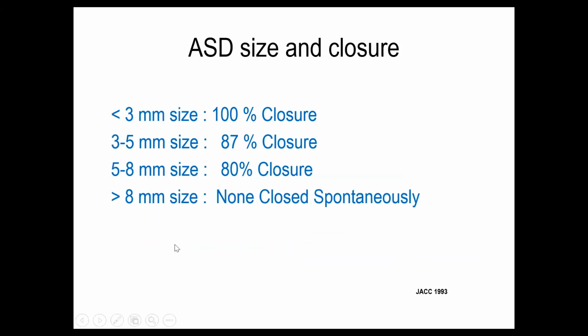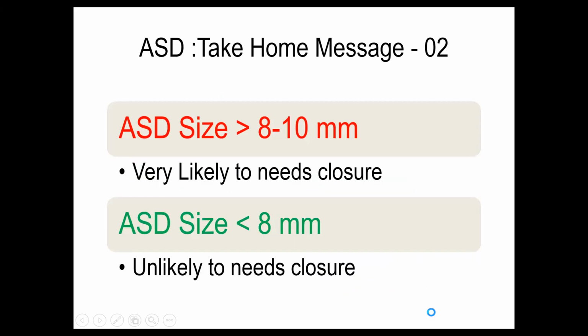Like this is what another study of 1993 showed. So they need closure by device. If it's a primum ASD or SVC or IVC type of ASD, they need a surgical closure. So in echo, sir, can you make out that surgery has been done?